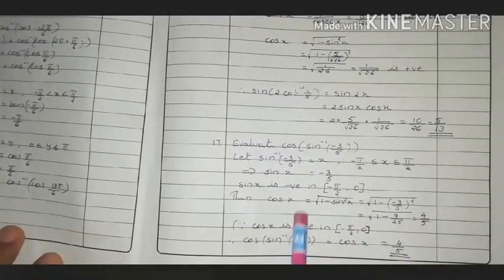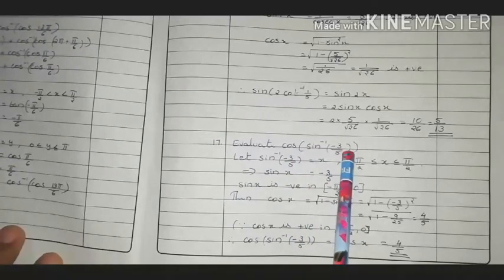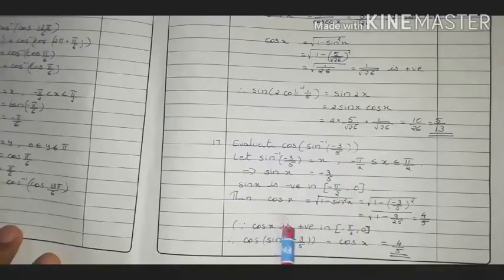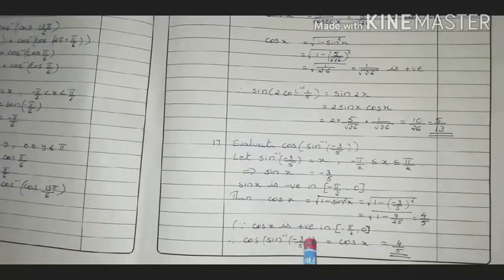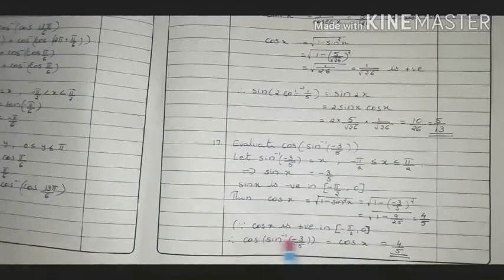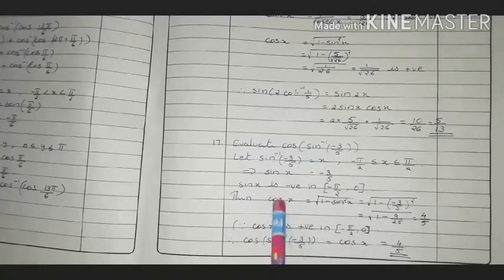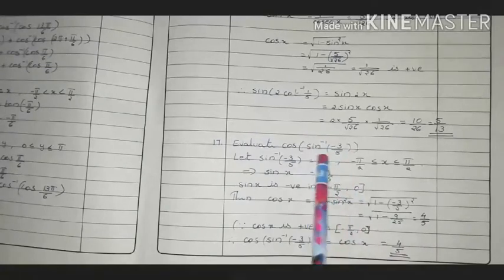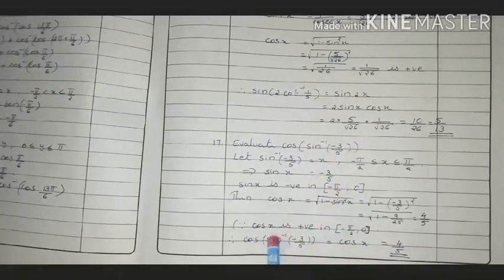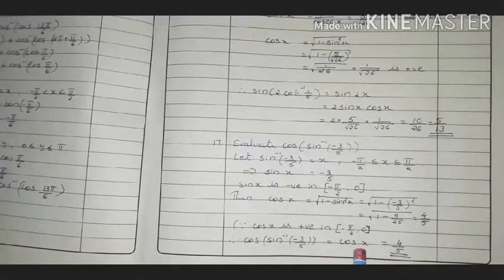Then cos sin inverse minus 3 by 5, this one we consider as x, so we can write that as cos x itself. Value of cos x is 4 by 5.